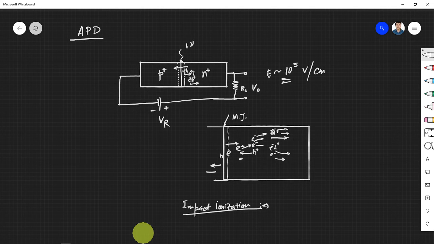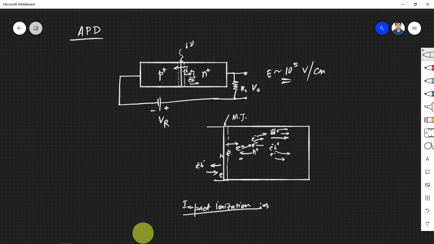So from here also some electrons will come off, right? Because whatever the holes are generating here, a few electrons will again come from the other end also. So this process will continue. If you see, we started with just one electron and hole pair, and the process is almost endless, right?